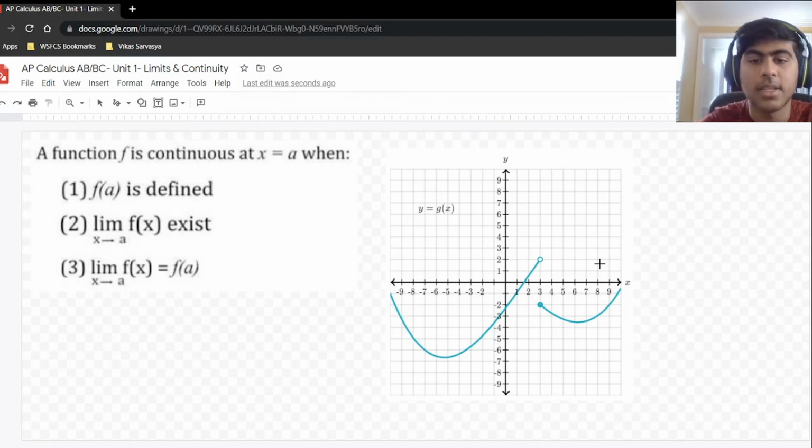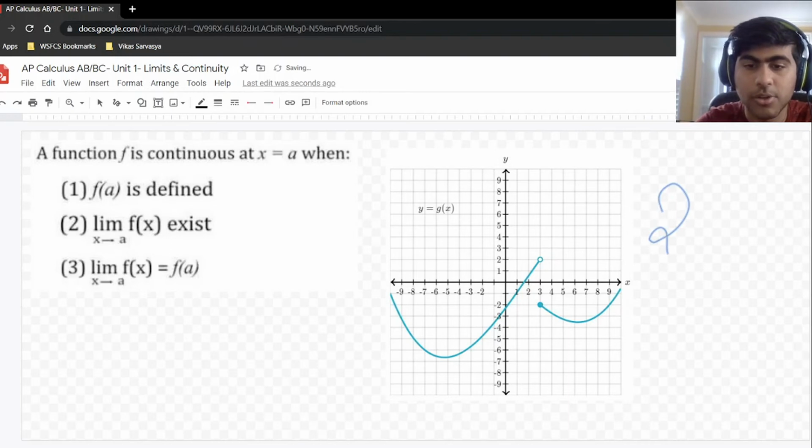The limit as we approach from the left-hand side equals 2. The limit as we approach from the right-hand side equals -2. These are not equal. If your left-hand limit and your right-hand limit are not equal, then your limit does not exist at that point. So the second criteria is not true.